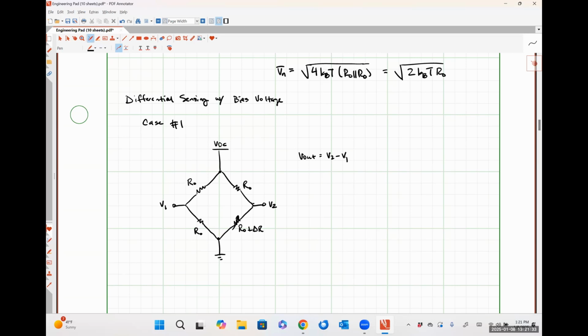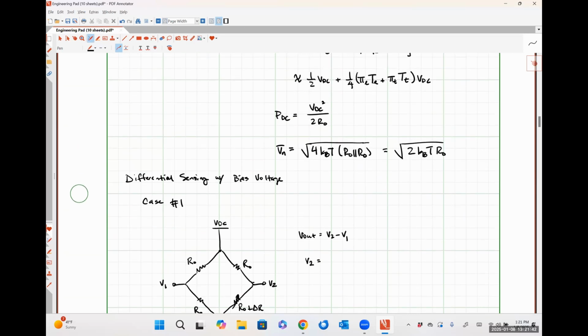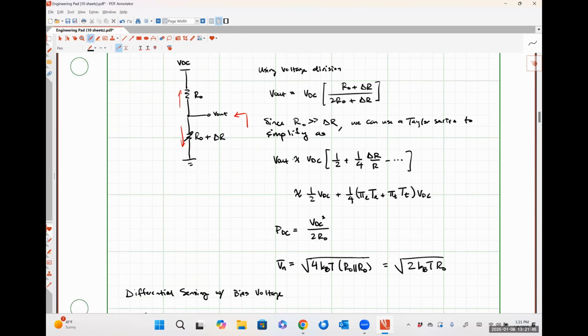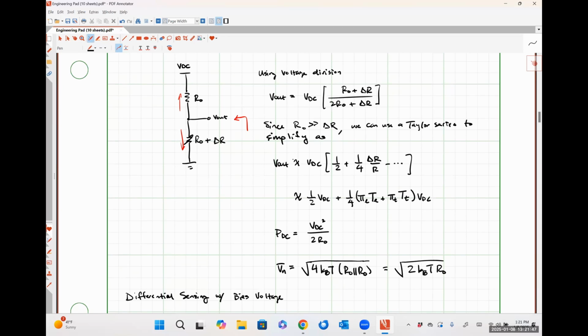So just for what it's worth, if we find our voltage V2, we can find it using voltage division. It's literally just the exact same thing as our previous circuit, if we only consider the right-hand half, right?